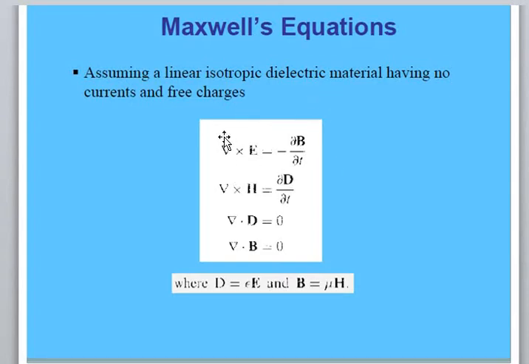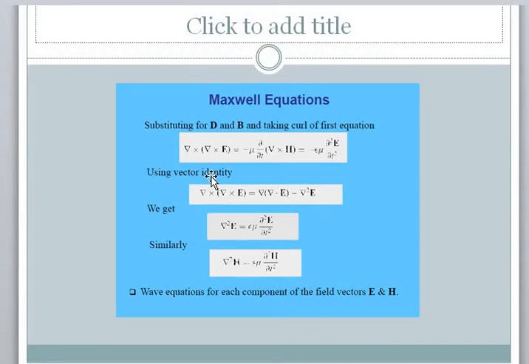Maxwell's equations are given by del cross E equals minus dou B by dou t, del cross H equals dou D by dou t, del dot D equals 0, and del dot B equals 0. I have solved these Maxwell's equations for electromagnetic theory, the derivation part, in a separate video, so go through that.